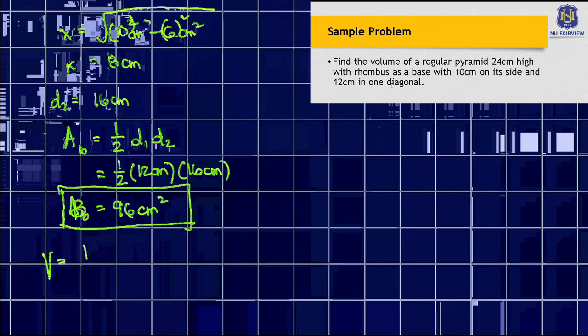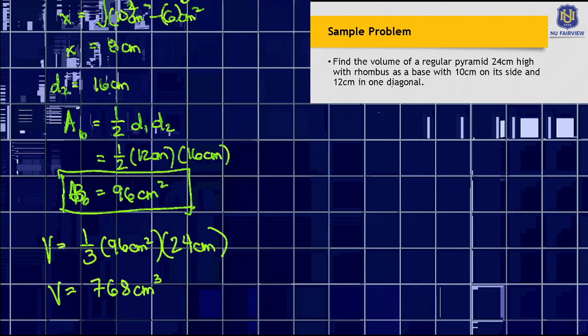So, V equals 1/3 times 96 cm squared times ang height niya is 24 cm or yung altitude. At makukuha nyo na po yung sagot at ang sagot po natin ay 768 cubic centimeter. And box the final answer at ito po yung sagot ninyo sa ating problem.